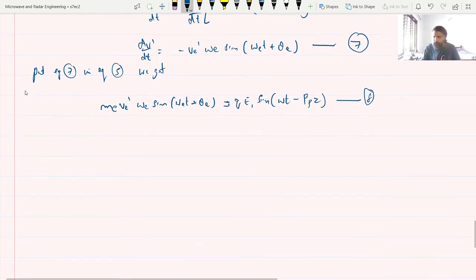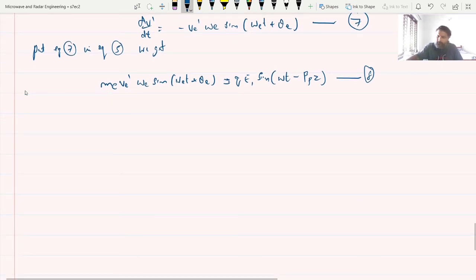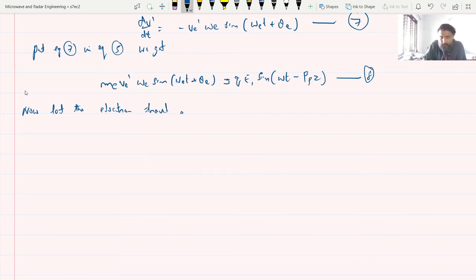Okay, that is correct. So now let the electron travel a distance z. Distance is related to velocity, that already you know.